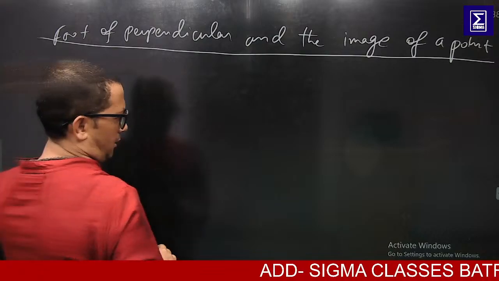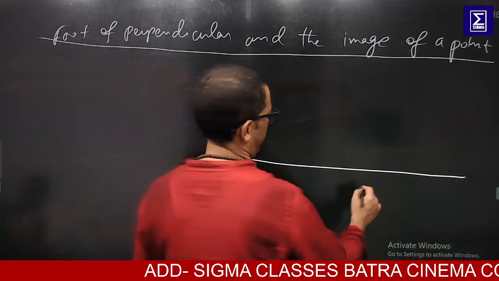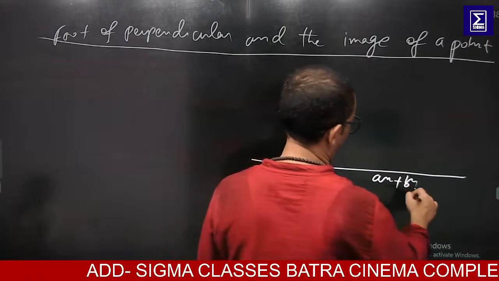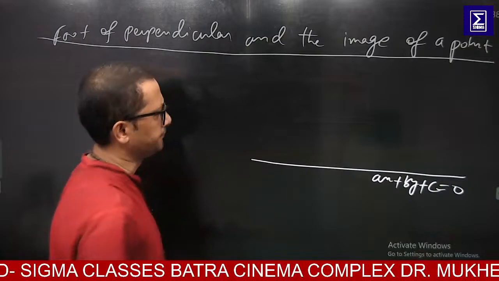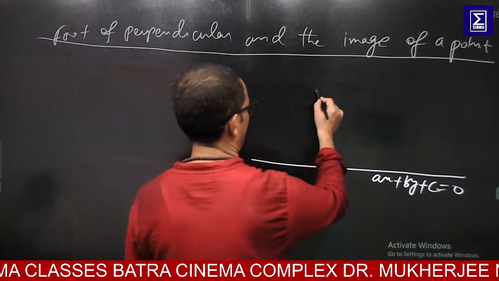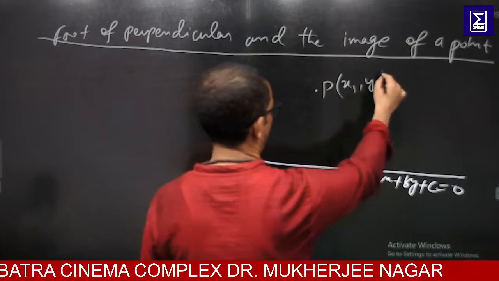What is this all about? So this is, let's say, ax plus by plus c is equal to 0, the equation of the straight line. There is a point here P, the coordinate of P is x1 comma y1.